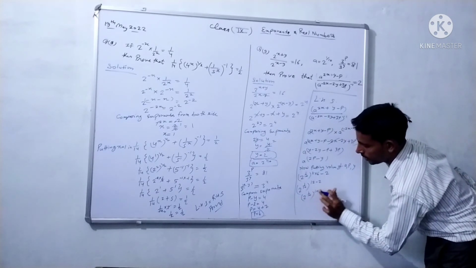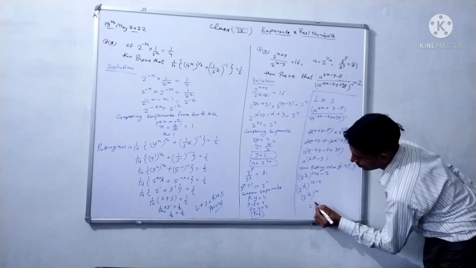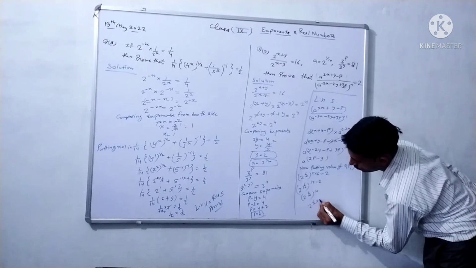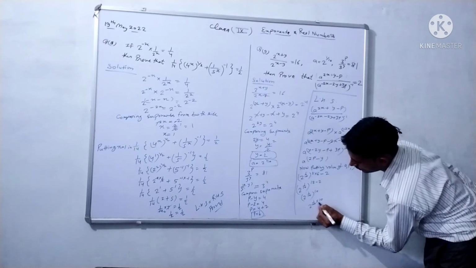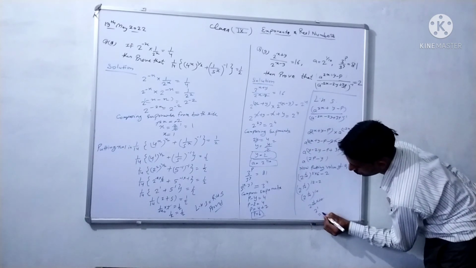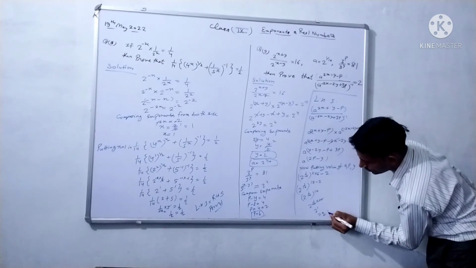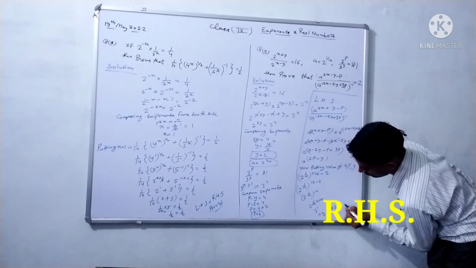Here the exponent again has an exponent, so we will multiply these: 2^((1/10)×10). We can cut 10 from 10 to power 1, that is 2. And it is our RHS part. So this is RHS, 2.